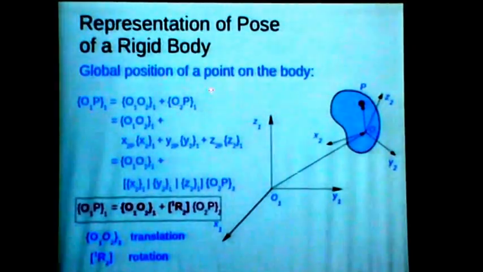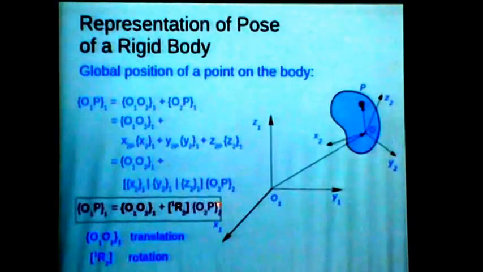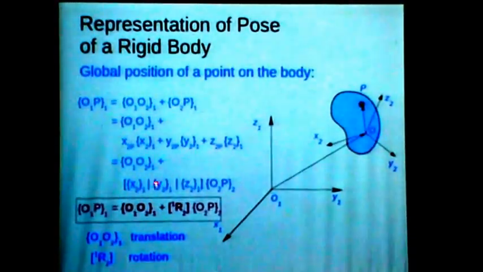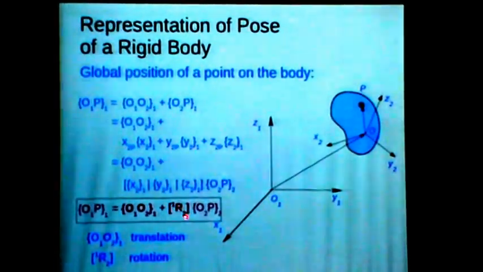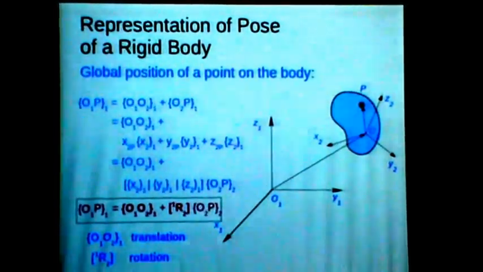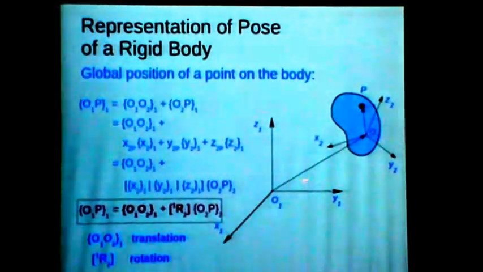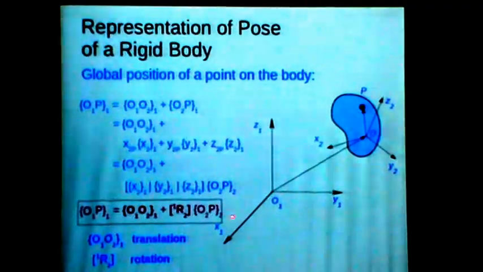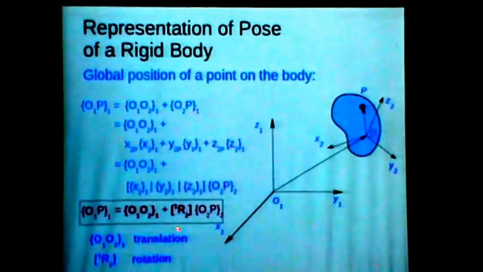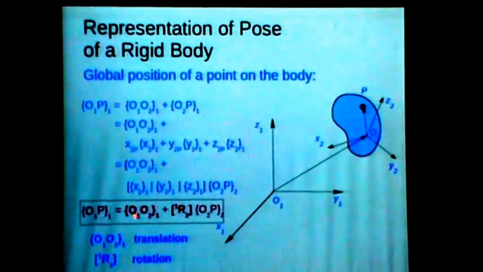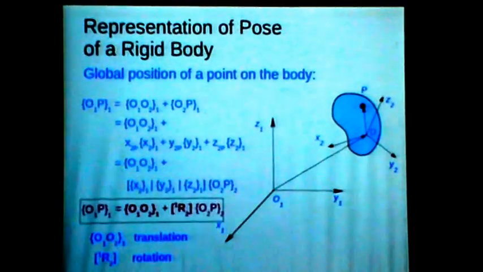So what we have done is, this thing we have written in a shorthand form like this, where this particular matrix is called a rotation matrix from 2 to 1, which transforms a vector in 2 to a vector in 1. Okay? It is a 3 by 3 matrix, and it is post multiplied by the local coordinates of the point, and this is the vector from the global frame to the local frame origin.